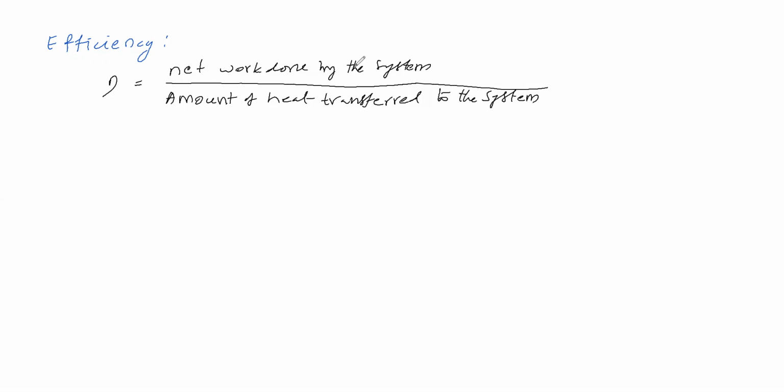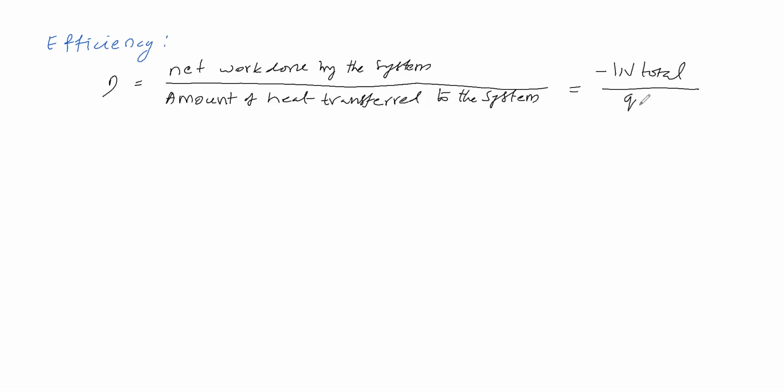Net work done by the system, that we will substitute. Net work done by the system is minus W total. The amount of heat transferred to the system: in the first step, the system absorbs heat from the surroundings.